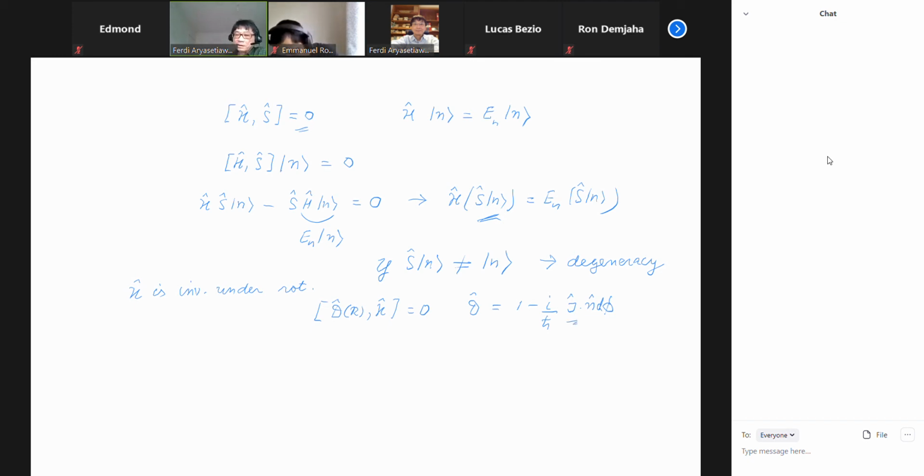We write it in terms of the generator J. So then we know this already. The J and the H commute, and we know we have this J squared, which commutes with H.